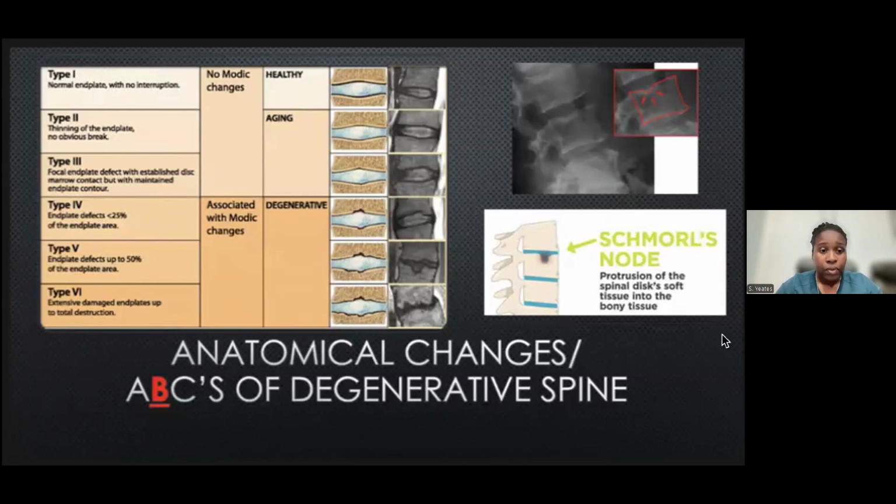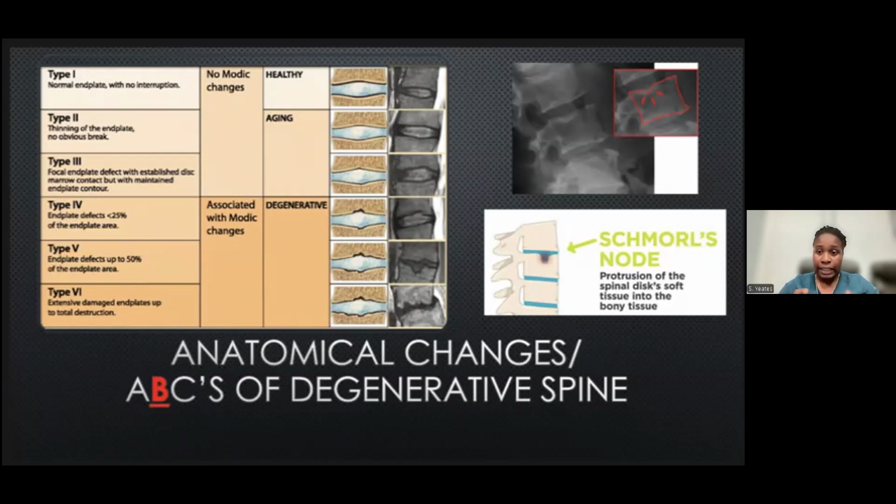Type 4 signifies breaks involving less than 25% of the surface, usually associated with adjacent bone marrow changes. Type 5 refers to large end plate defects, up to 50%, with associated bone marrow changes. And lastly, type 6 represents extensive end plate damage involving most of the entire end plate.